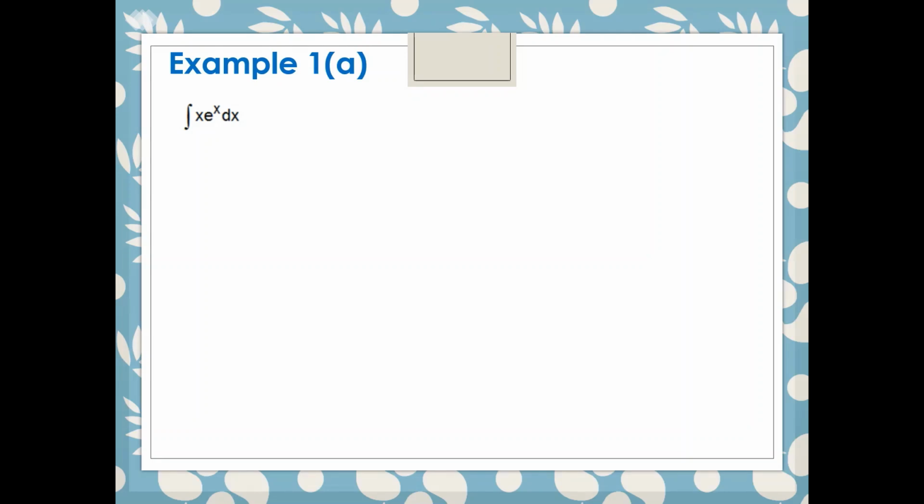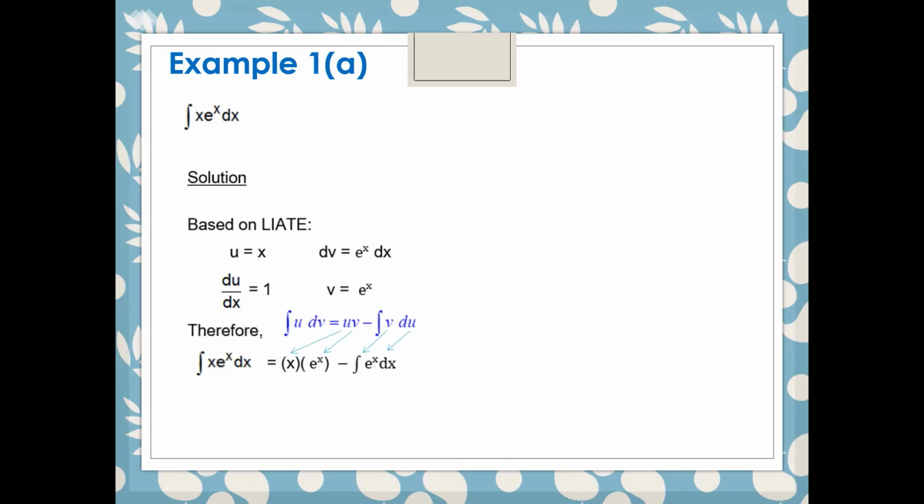The integral consists of A and E. As A comes first, u in this integral is x and dv is equal to e^x dx. Differentiating u with respect to x, the answer is 1, and integrating dv, the answer is e^x. Substituting accordingly into the formula, you will obtain x multiplied with e^x minus the integral of e^x dx.